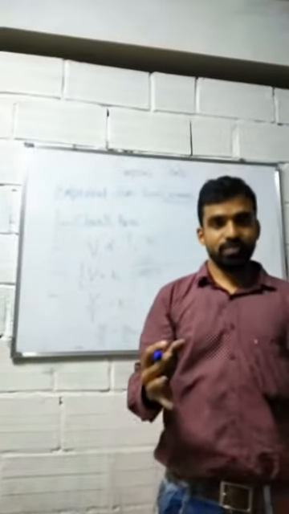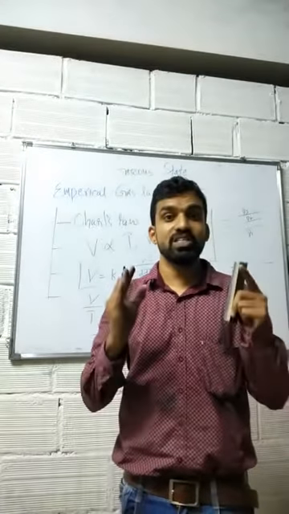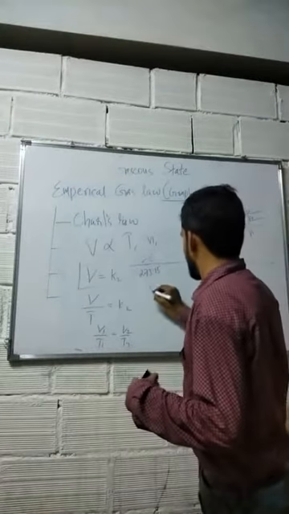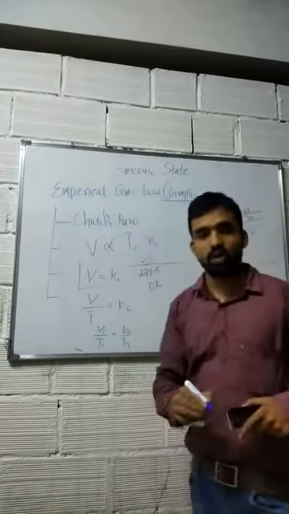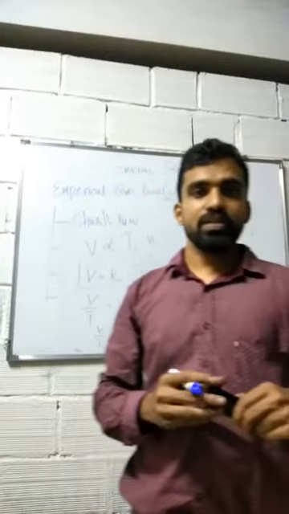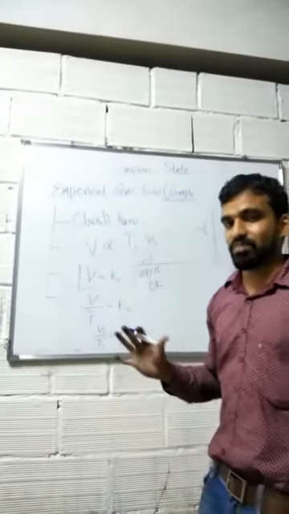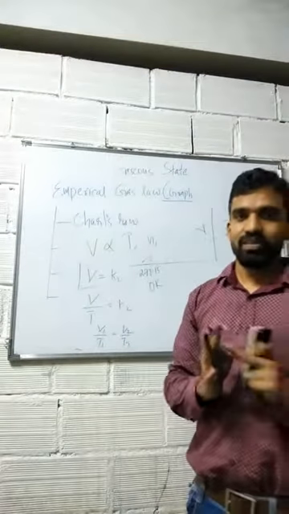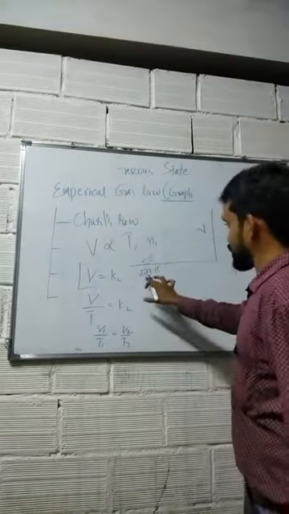What is it called? It is called absolute zero. That is, this is 0 Kelvin. This is called Kelvin zero. That is, at this temperature no gas exists.